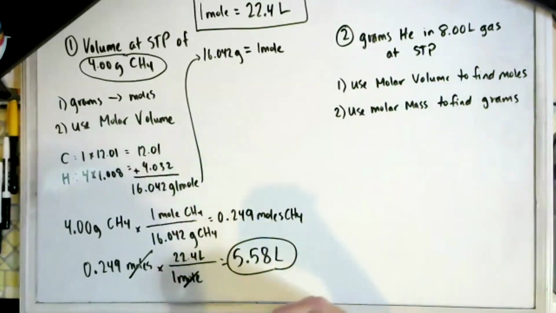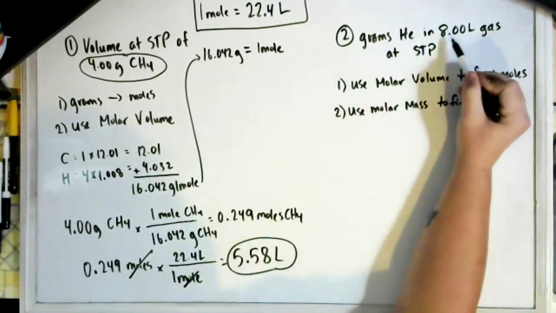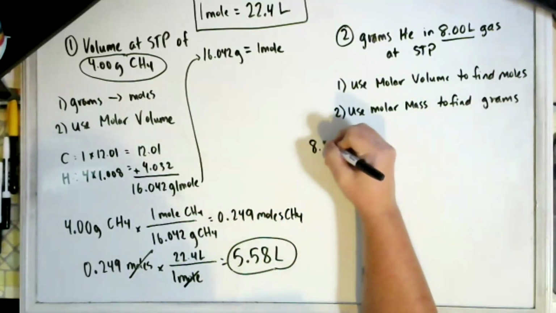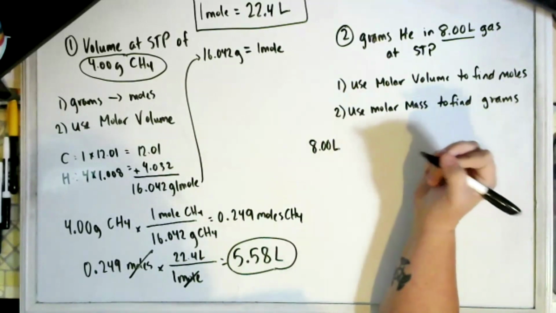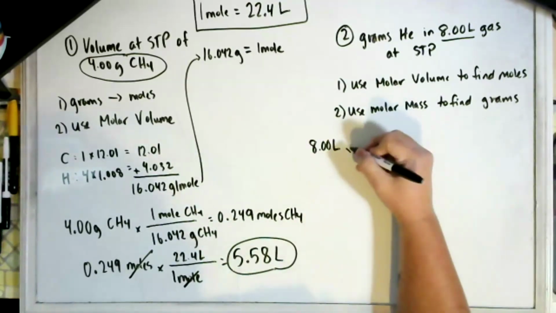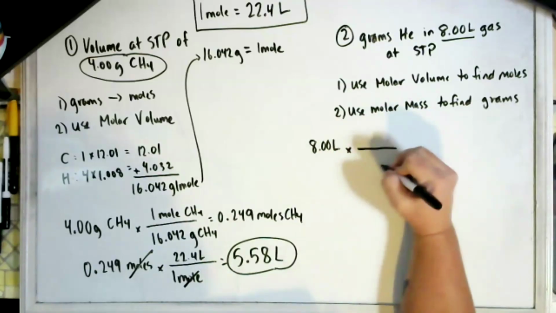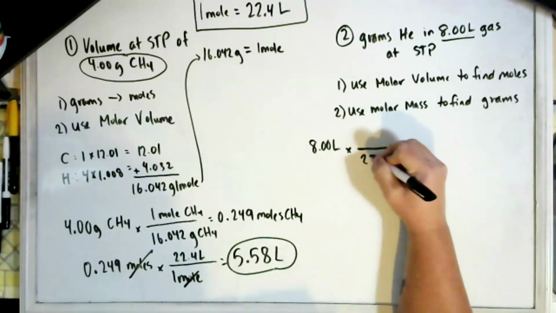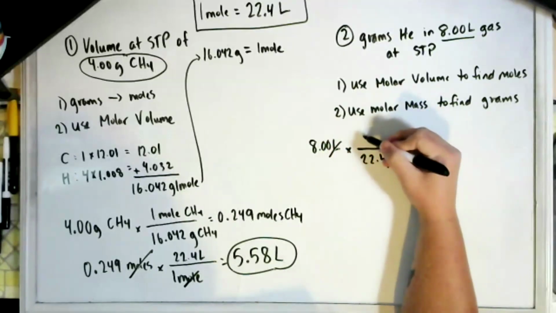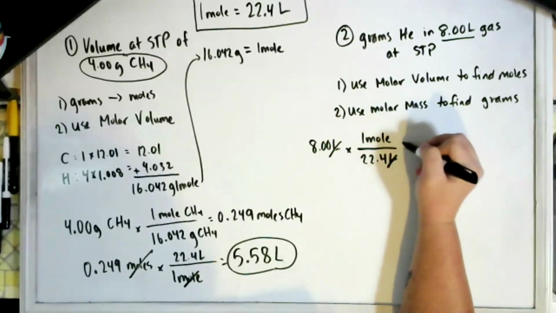Okay. So here I'm going to start with the number that they've given me, my 8 liters. And I'm going to set up my molar volume equivalency or conversion factor a little bit differently. Because here, my liters has to go on the bottom so that my liters unit will cancel out and my 1 mole goes up top.